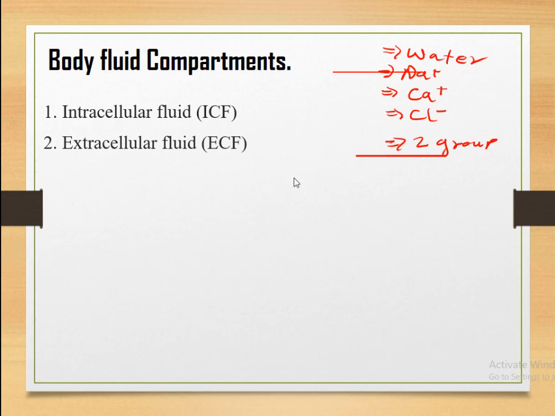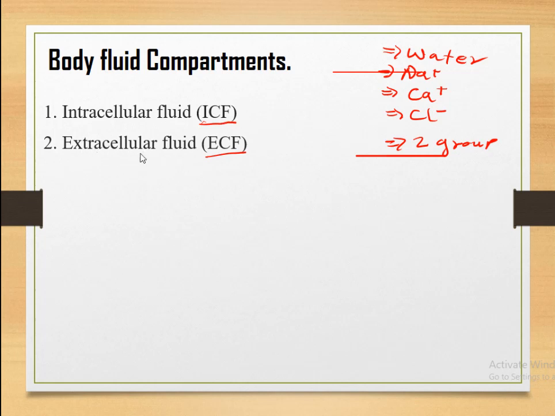Intracellular fluid is normally denoted by ICF and extracellular fluid by ECF. Where you see ICF in physiology, we are talking about the intracellular fluid, and where you see ECF, we are talking about the extracellular fluid.